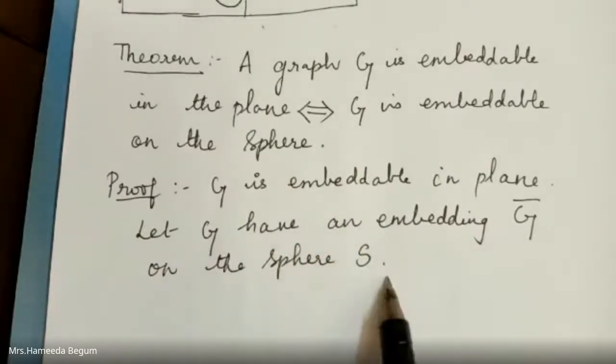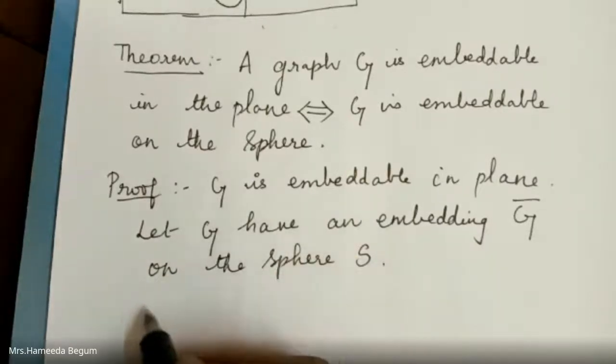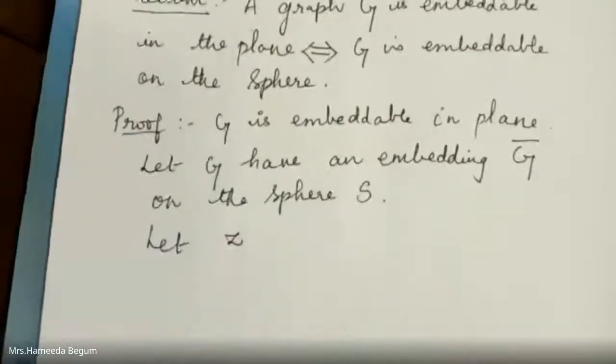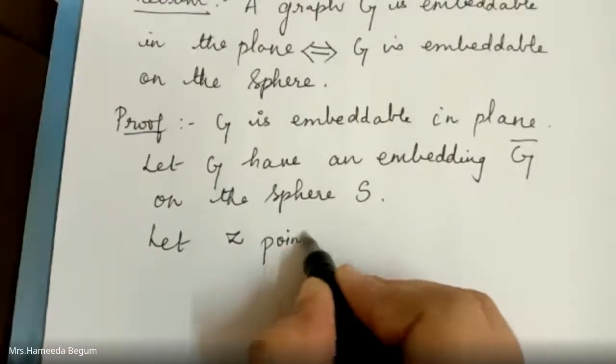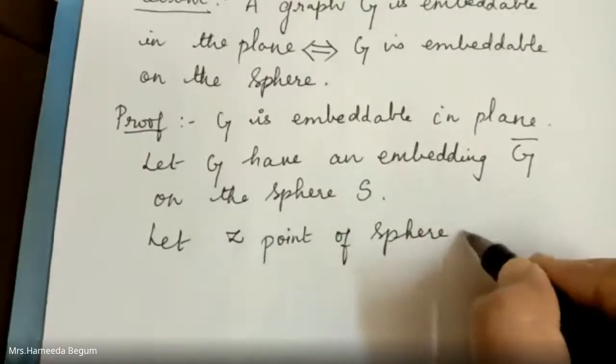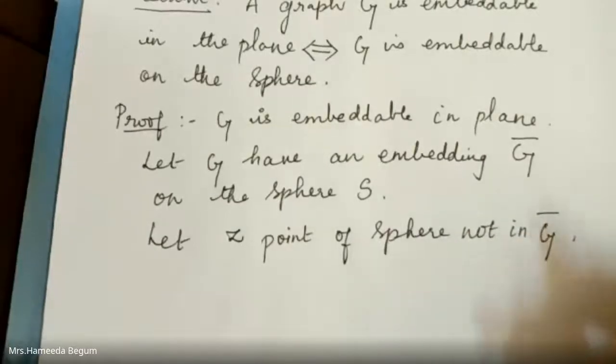So if G is embeddable in the plane, then G will have an embedding G bar on the sphere S. Now let us choose a point Z of the sphere which is not in G bar. Okay, so let Z be a point of the sphere which is not in G bar. So then what will happen?